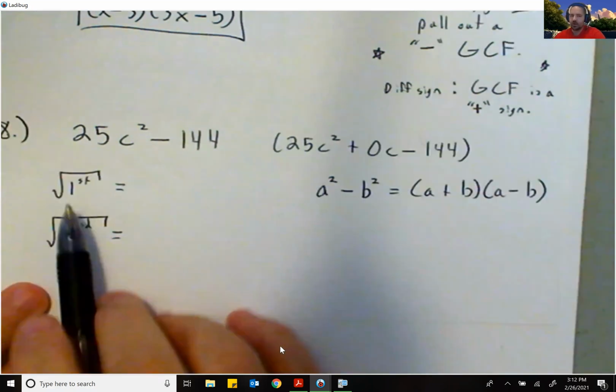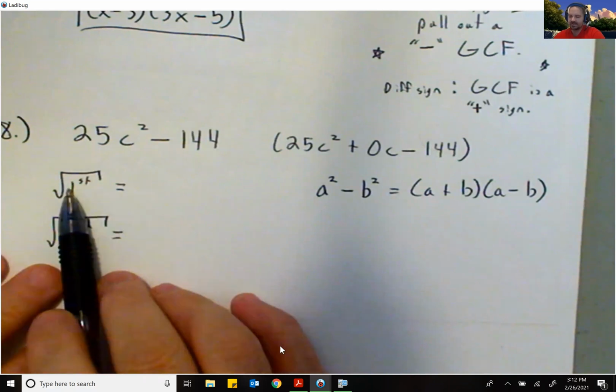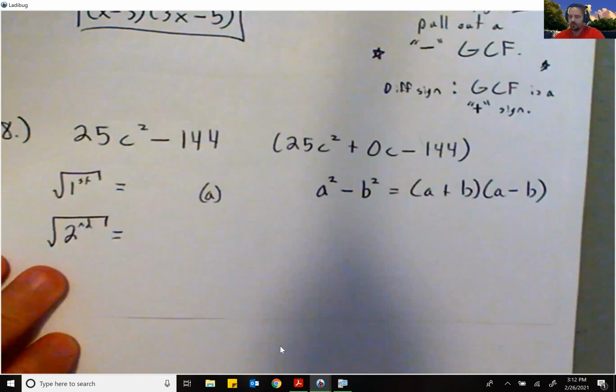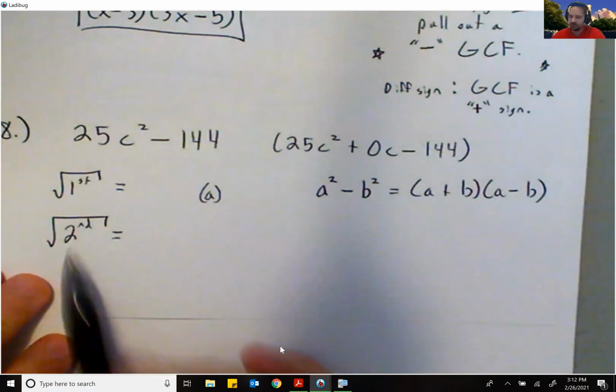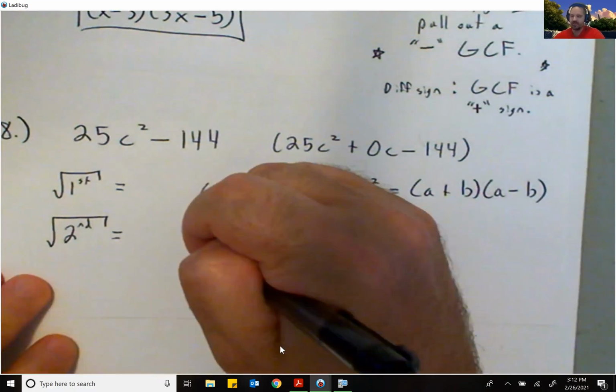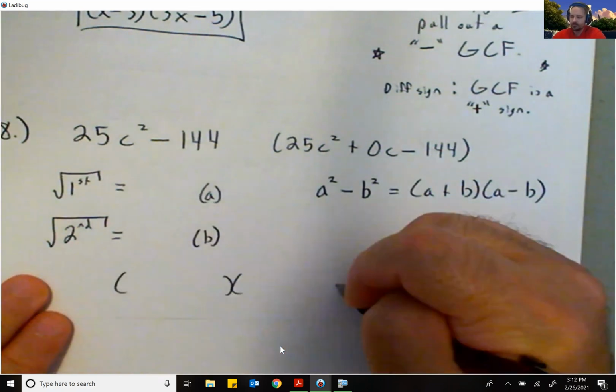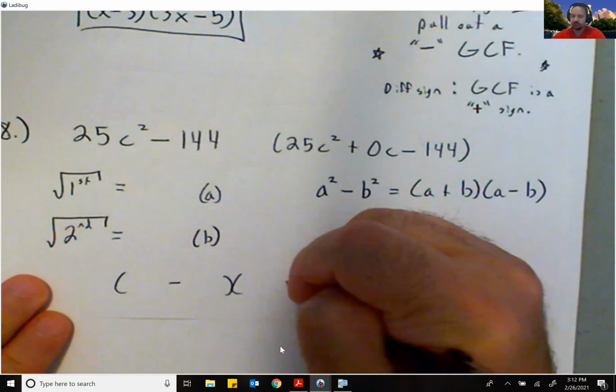So when you take the square root of the first term, that's going to tell you what your a is. When you take the square root of the second term, that's going to tell you what your b is. And then all you will do is fill in.